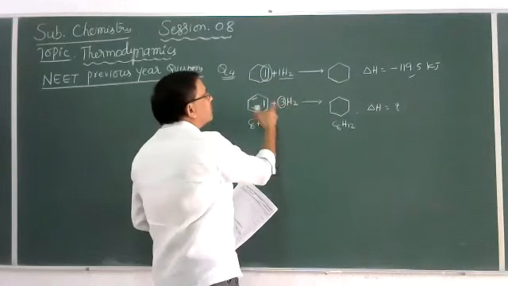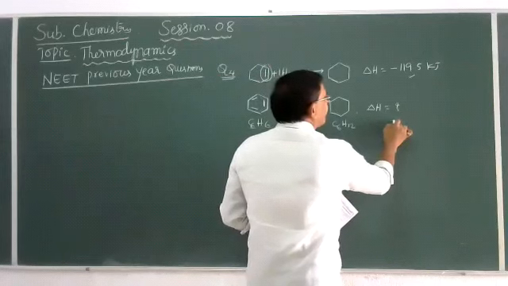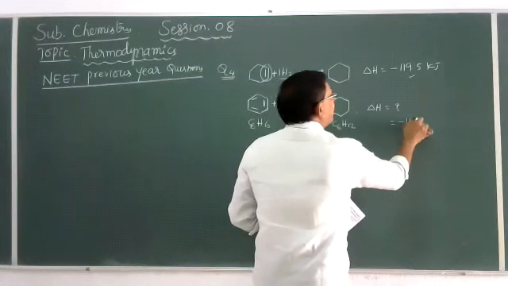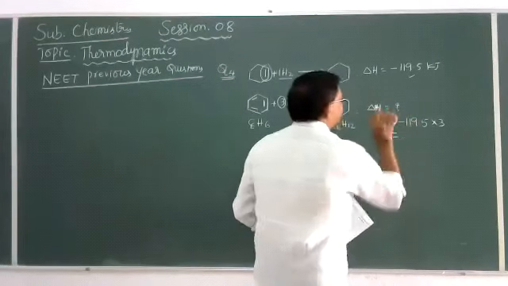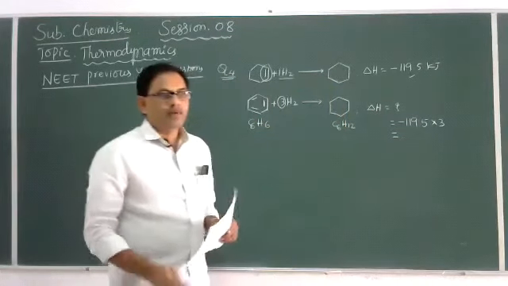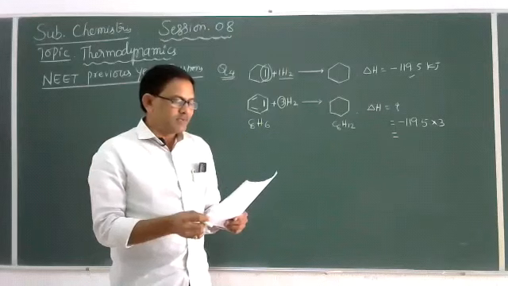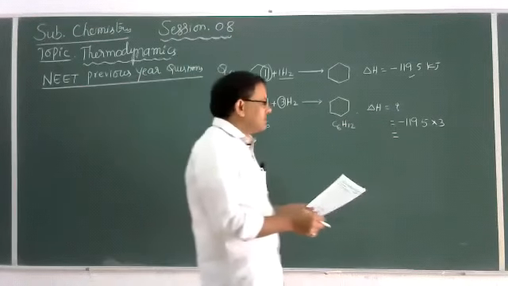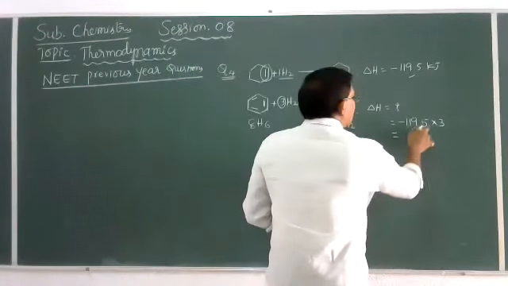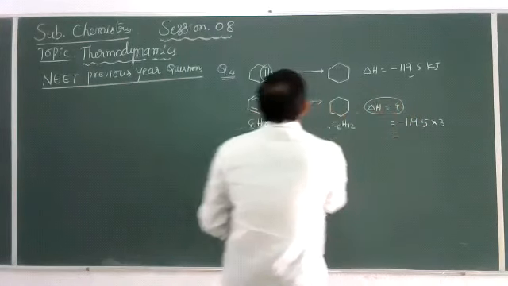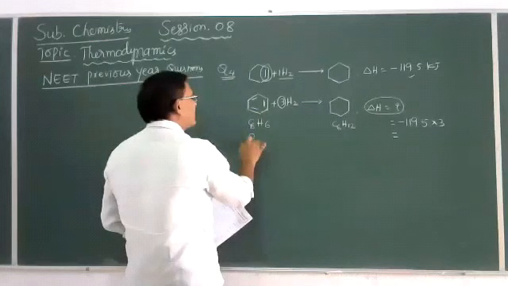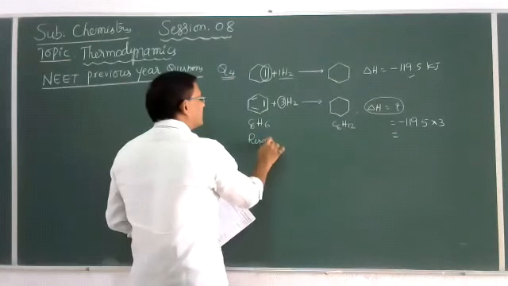Now here 3 moles are required, that's why first it is multiplied by 3. Now we'll get this value, but it is not the final value because it has resonance energy.